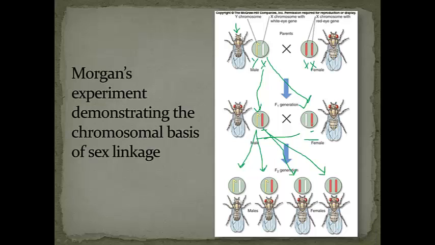The female gives half of her daughters her red X, half of her daughters her white X. Half of her sons get her red X, and half of her sons get her white X. Okay, so we wind up with a white-eyed male and 2 red-eyed females, and a red-eyed male.